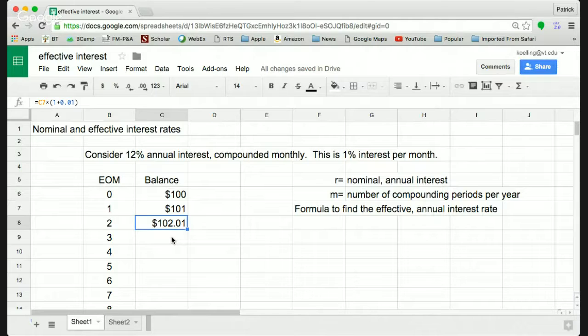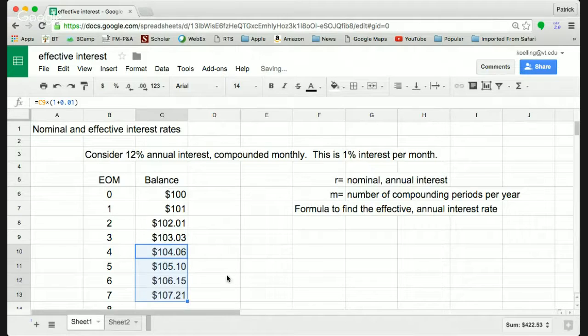You can already see that we're going to be growing this, just like when we initially talked about compound interest. This will be growing as we move through the year. Here in month 4, it's $104.06.